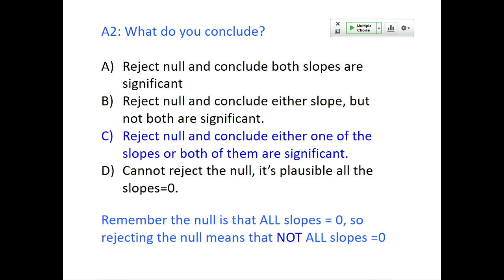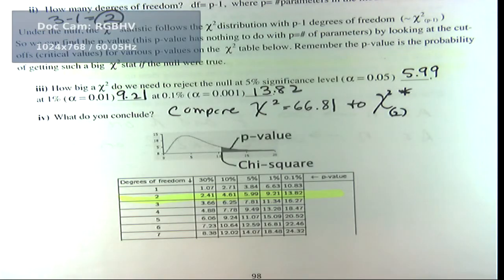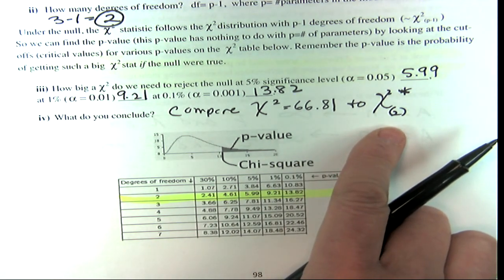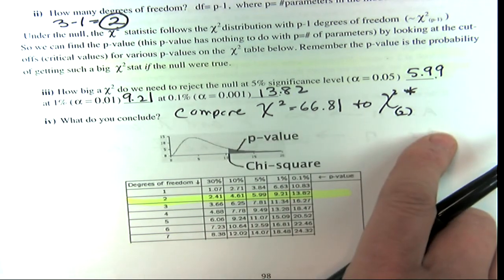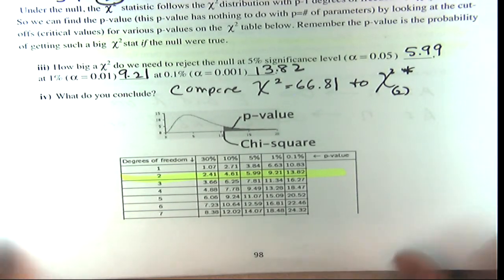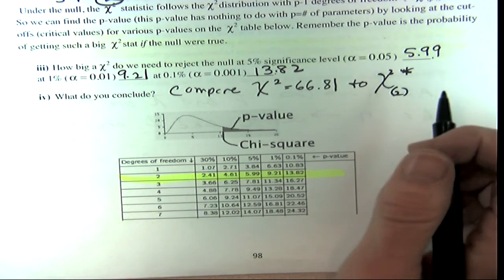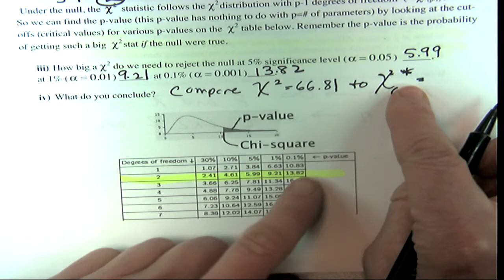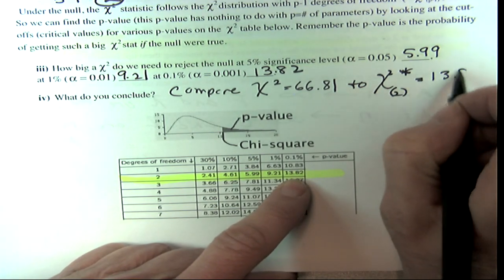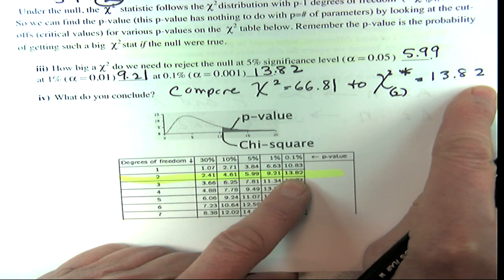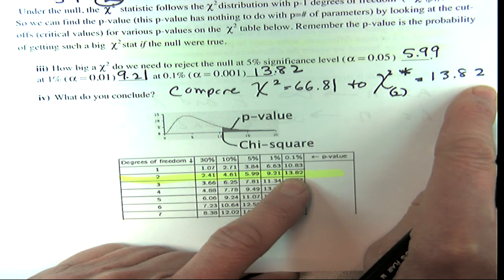And now let's write up what we have here. So what did we do? We compared ours to this, and what did we decide? Well, we saw that even at 13.82, our statistic is bigger than that, so our p-value is less than that.